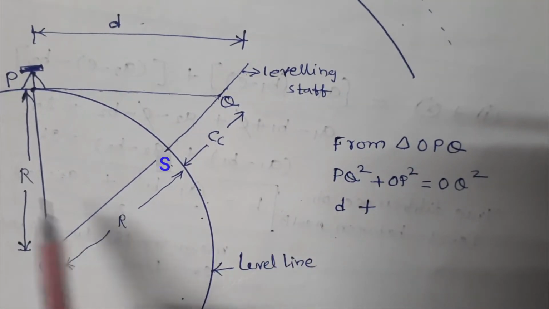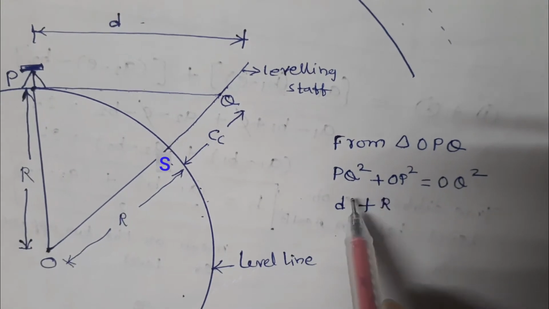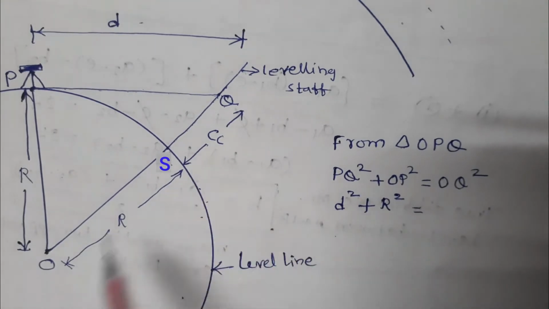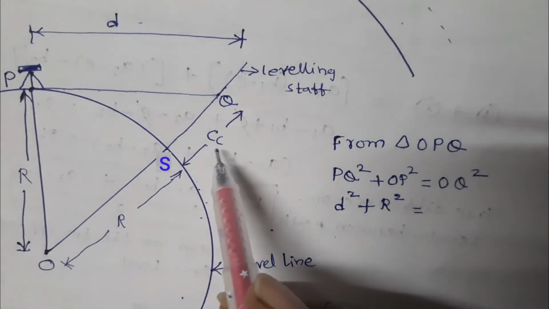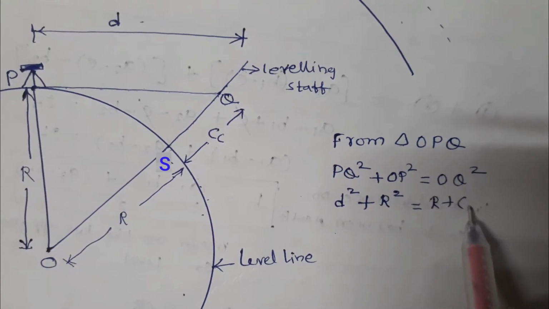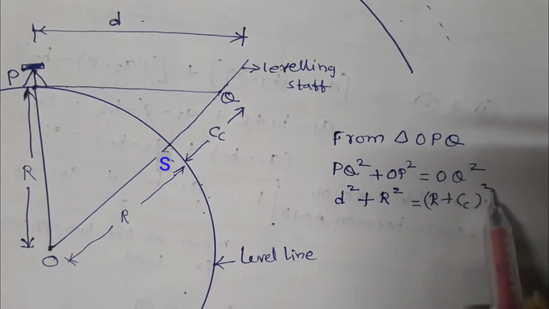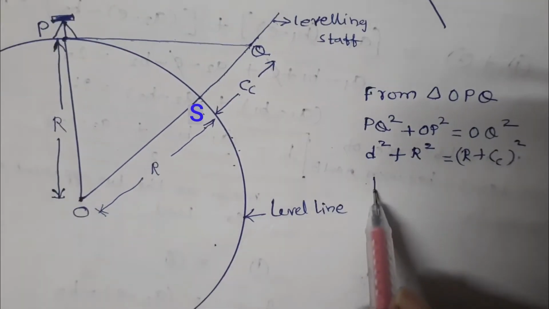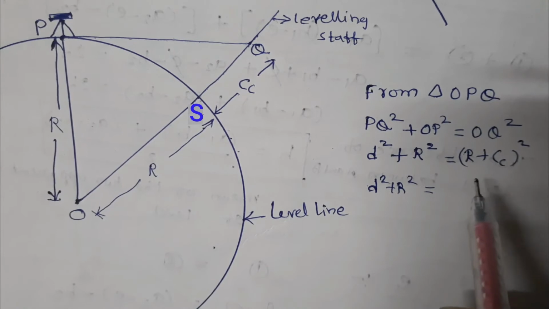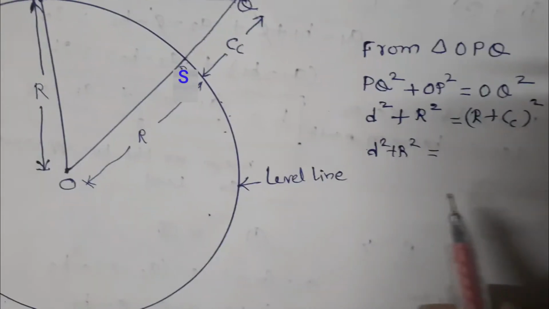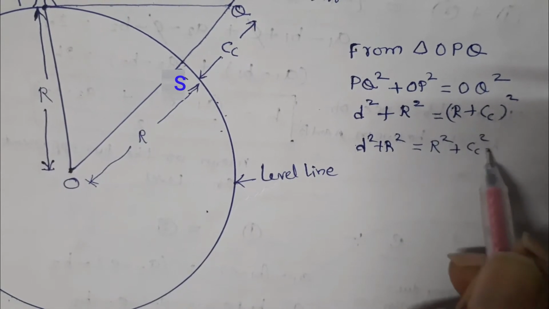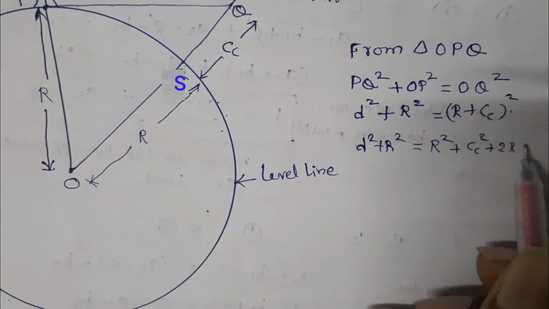OP is the radius of earth surface, so PQ square, OP square. OQ is radius of earth surface plus correction due to curvature, R plus CC whole square. D square plus R square is equal to, it is in the form of A plus B whole square, R square plus CC square plus 2R into CC.